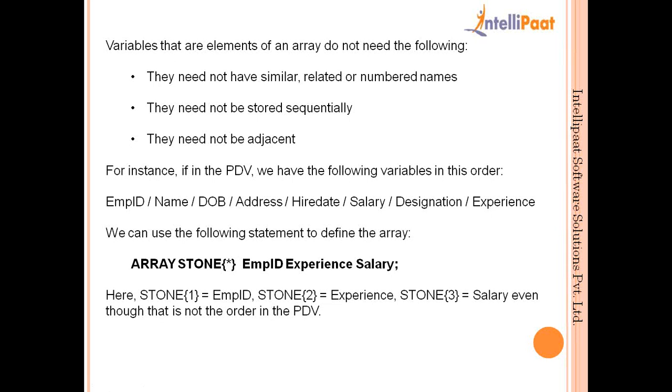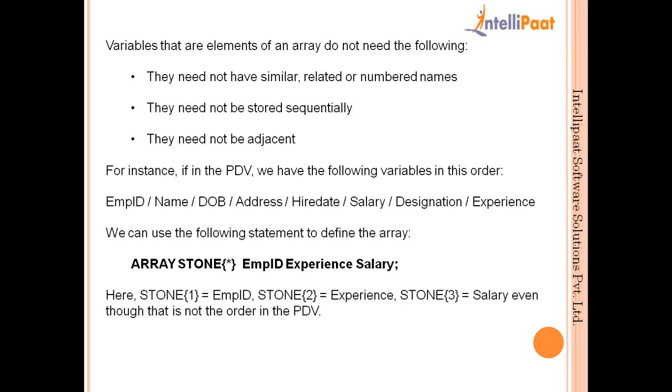They need not have similar or related numbered names. They need not be stored sequentially. They need not be adjacent. Whether they are sequential or not, if they are assigned into an array, they are referenced by giving the reference of that particular array.